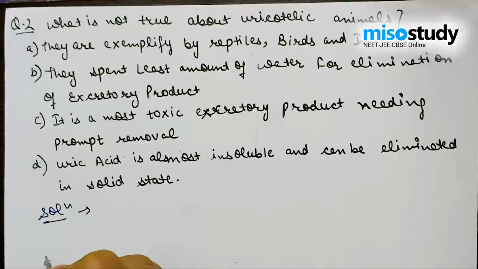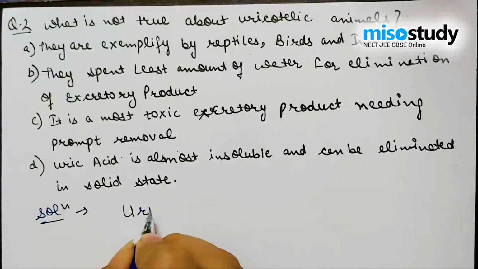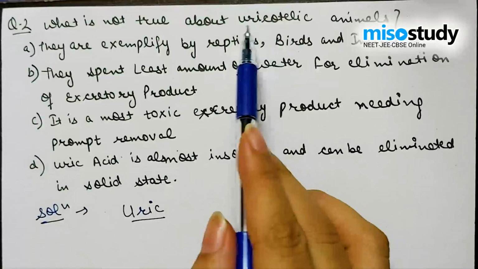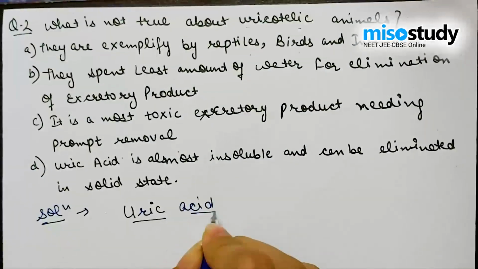When we discuss the question, uricotelic means the animals that excrete uric acid.